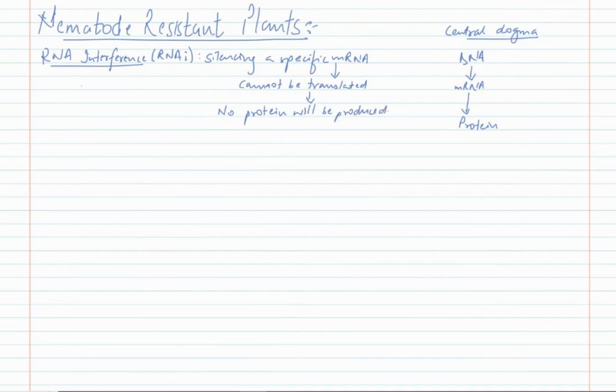So we know the central dogma of life, that DNA is transcribed to form mRNA and mRNA is translated to form protein.